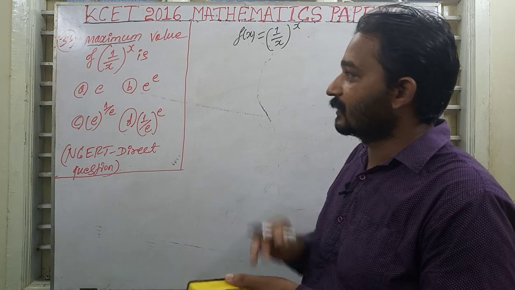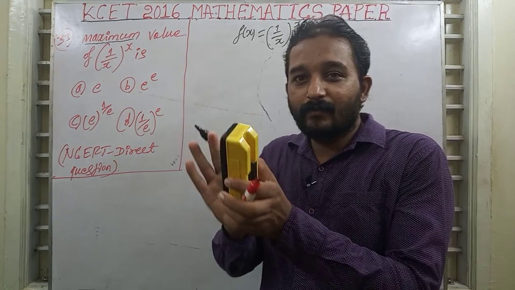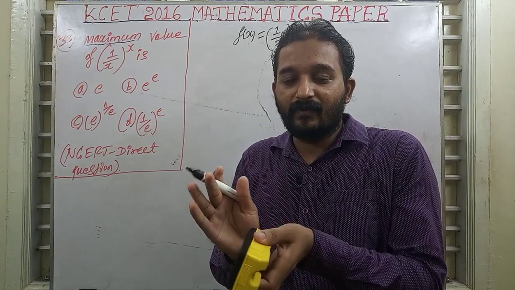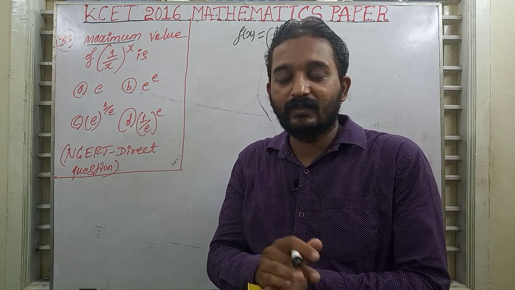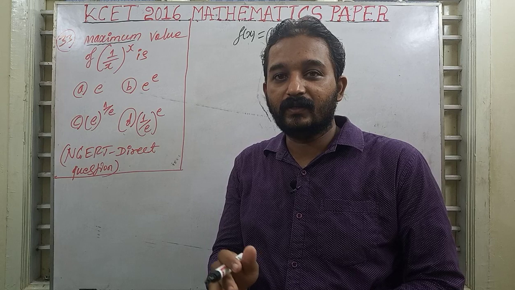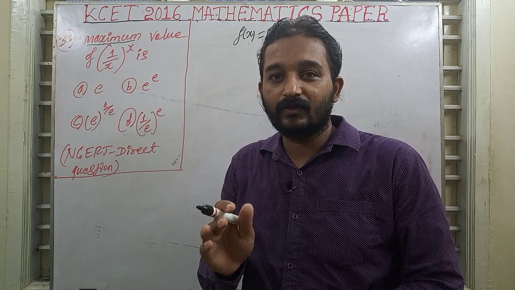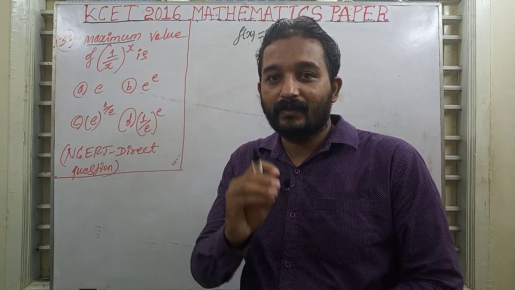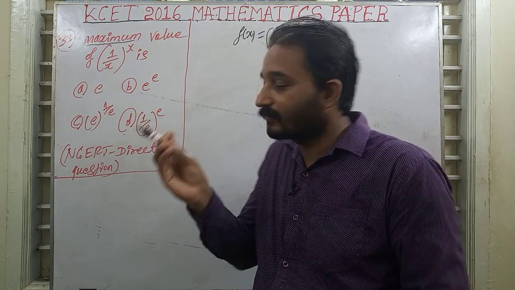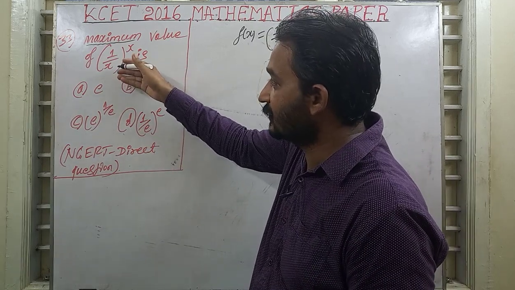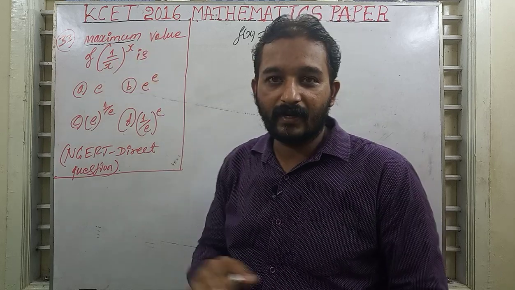We know one concept: at the maximum or minimum of a function, the derivative at that point is 0. Using this condition we find the point where f dash of x is equal to 0. That point is the maximum, and substituting that point in this function we get the required answer.